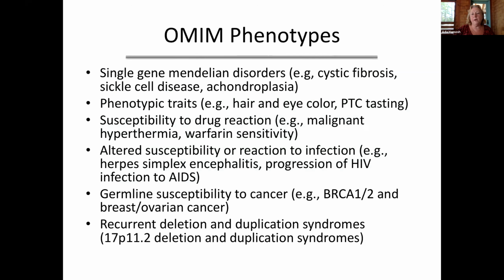Okay, so what kind of phenotypes do we have in OMIM? Obviously, single gene disorders, that's what it was developed for. Phenotypic traits, susceptibility to drug reactions, including malignant hyperthermia, and then actual drug sensitivities. Also susceptibility or reaction to infection, germline susceptibility to cancers, and then recurrent deletion or duplication syndromes.